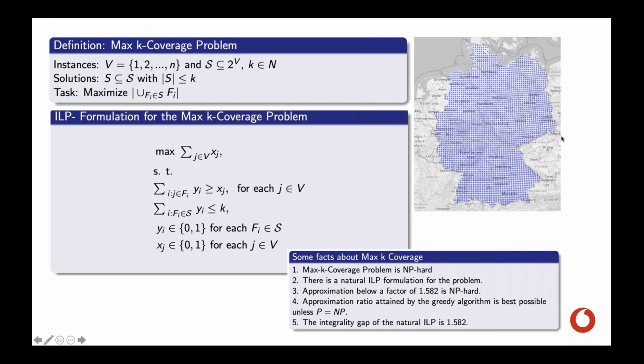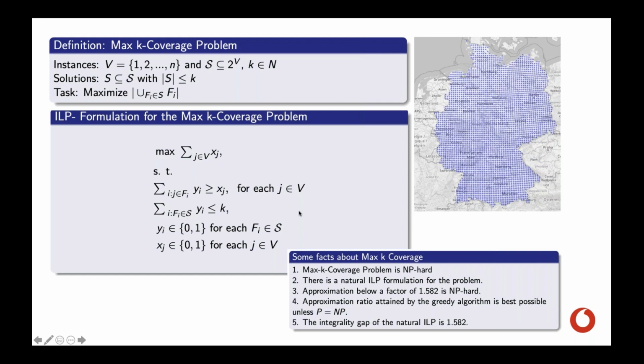We've discretized the area of Germany with a regular grid, and now the task is to cover as many of those grid points with the catchment areas of the shops by opening as few of them as possible. Then this is a maximization problem, counting the number of those points that are covered, and you can cover a point if you choose a shop whose catchment area contains this point. Then you can restrict the number of shops that you're allowed to open.